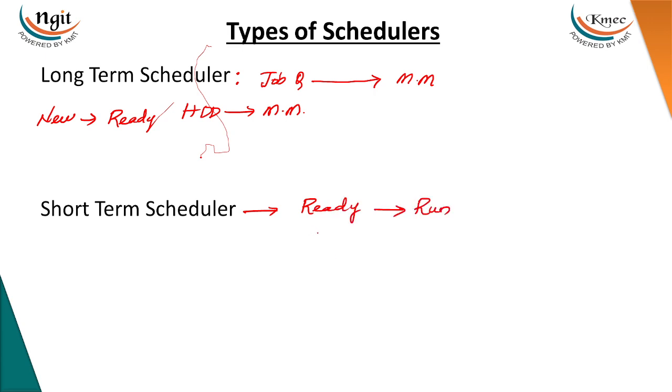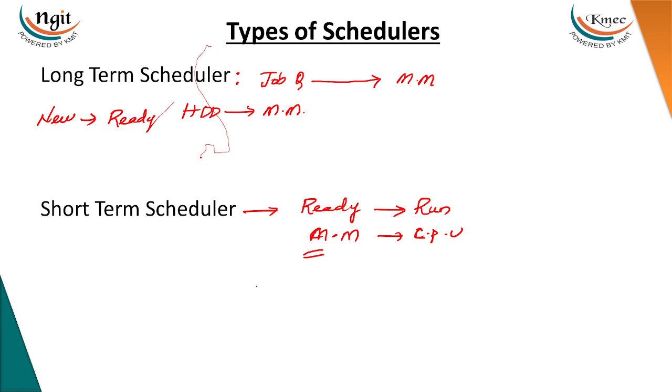That is, the transition happens from main memory to CPU. The CPU only takes the processes which reside in main memory. The CPU does not interact with any device directly; it only interacts with main memory, that is, your RAM.